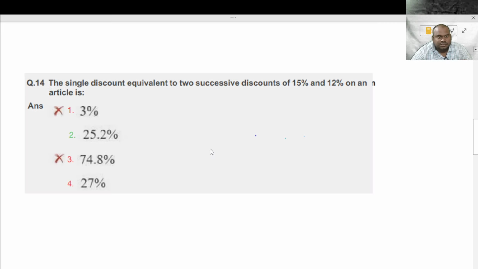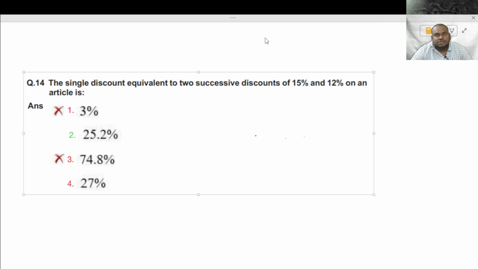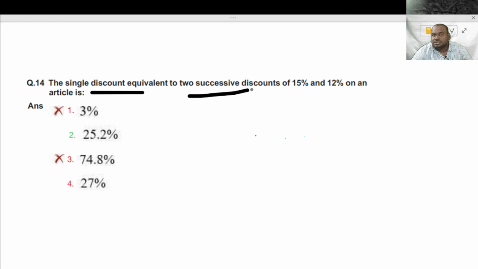Next, the single discount equivalent here is saying discount, not increase. Single discount equivalent to two successive discounts. Two successive, just like in the previous case, in L into B, successively L is increased by X%, B is increased by Y%.